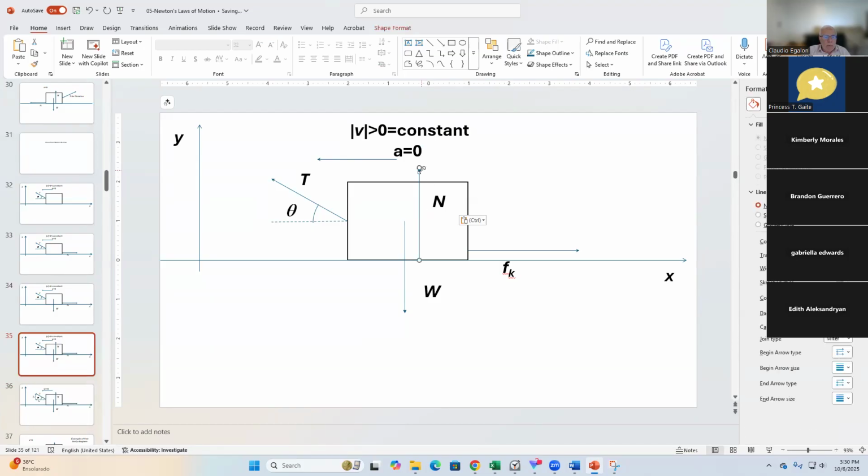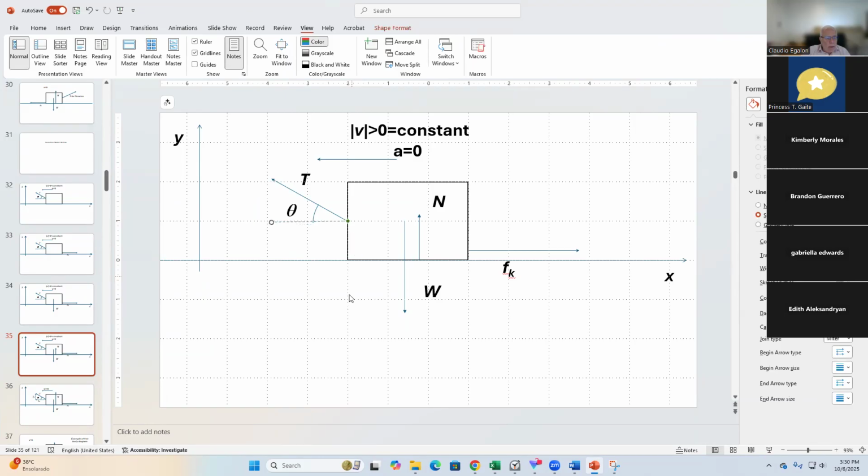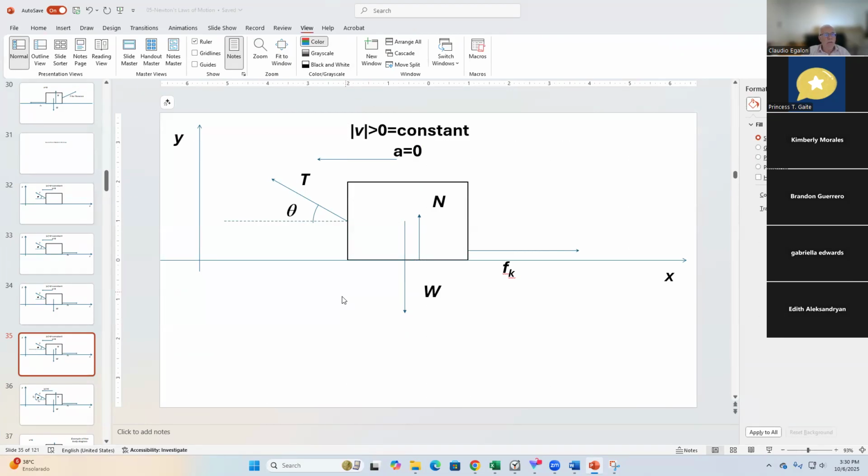This normal force must be smaller, right? Let's make it smaller because of the y component of the tension. Grid line looks like this thing here is a little bit off. Yeah, better now. Good. That's why it's nice to have grid lines here.